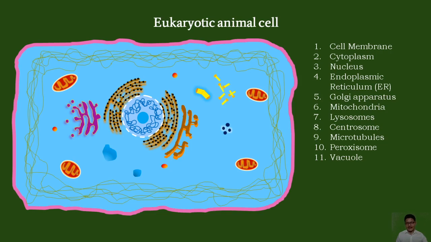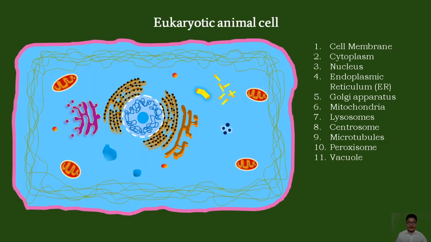Within the cell we have different cell organelles or cellular structures. So this illustration shows you many cellular contents of animal cell.